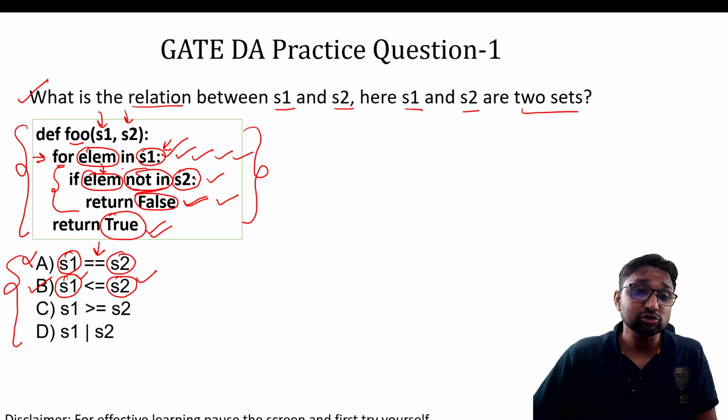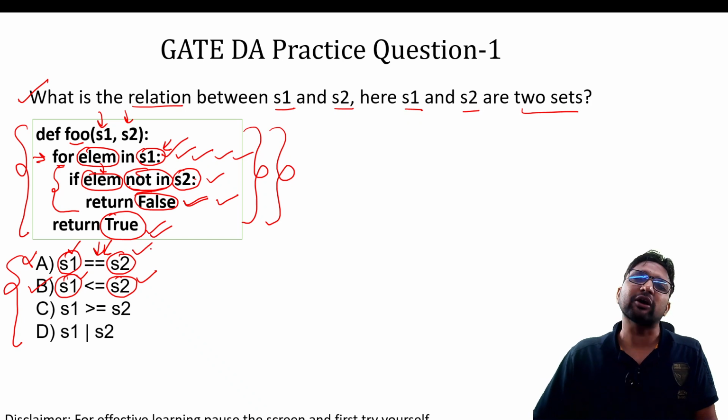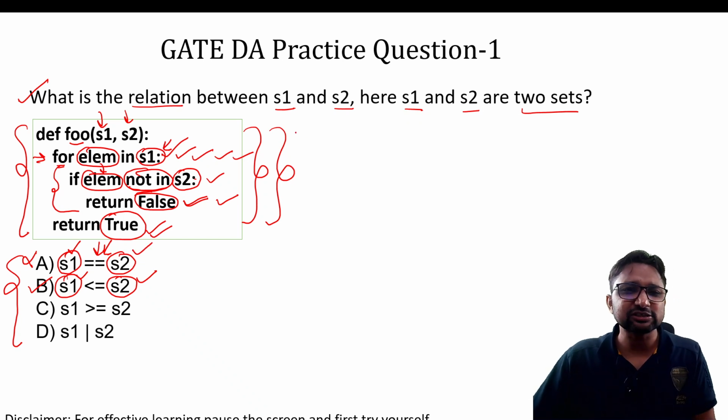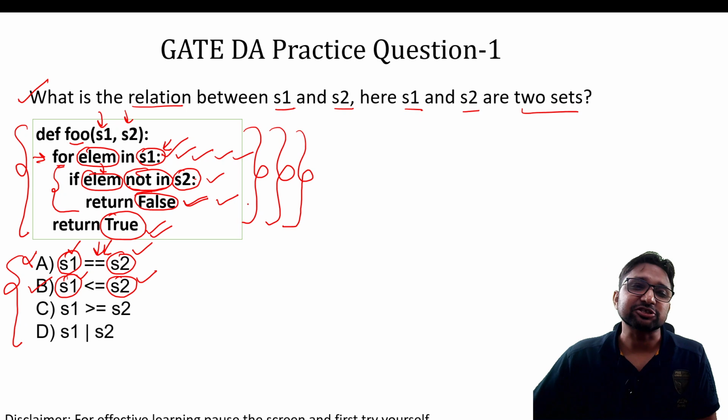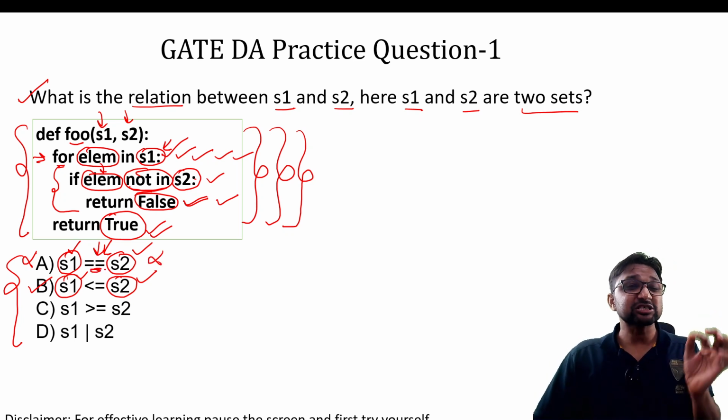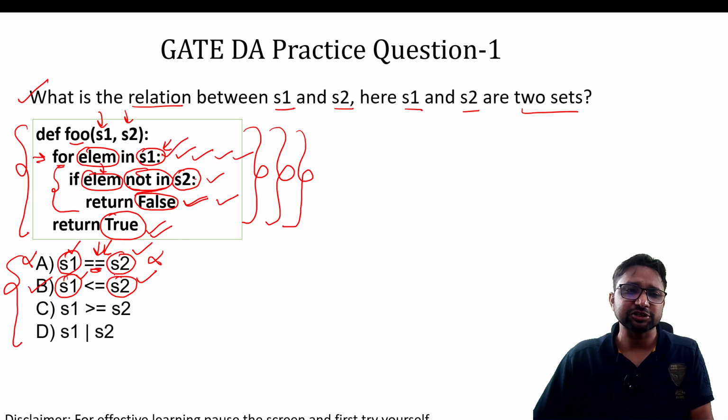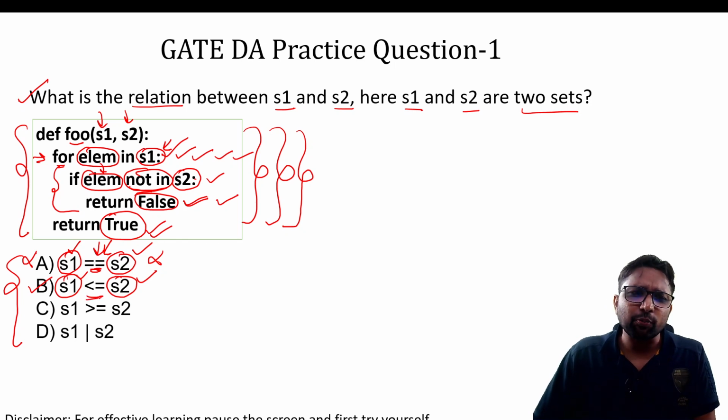That is also satisfied by this code itself, but for the equivalent operation, the size of S1 should also be equal to the size of S2, and in this code there is no discussion about the size. Size of S1 can be smaller than S2, but this is not allowed in the equivalent operation. Size must be the same in the equivalent operation, but in the subset operation we are allowed to have a smaller size of S1.